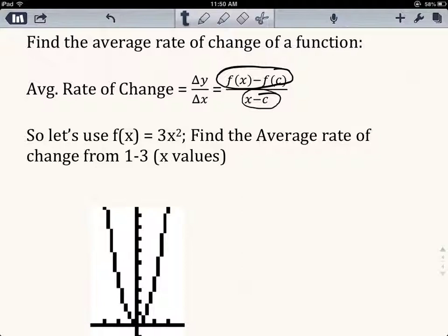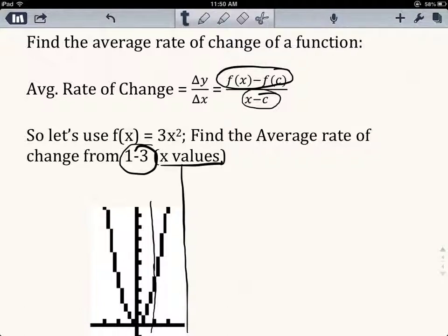So for this particular function right here, we're going to look at where x equals 1 and x equals 3. Okay, so when we say change of 1 to 3, we're talking x values specifically.